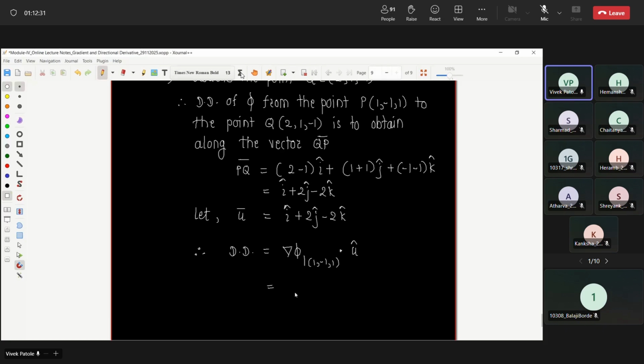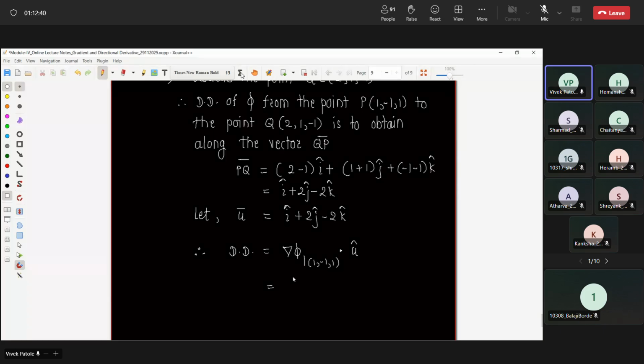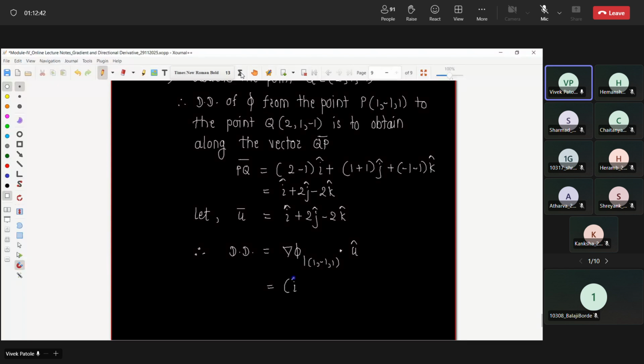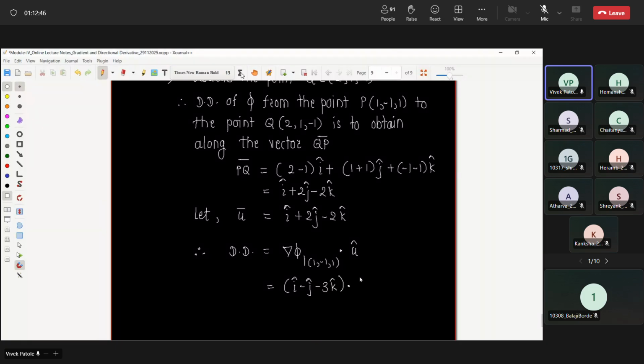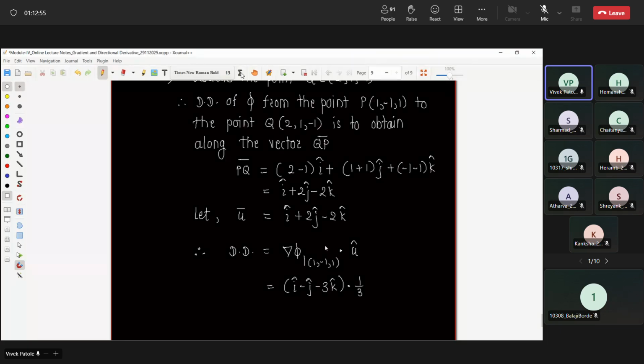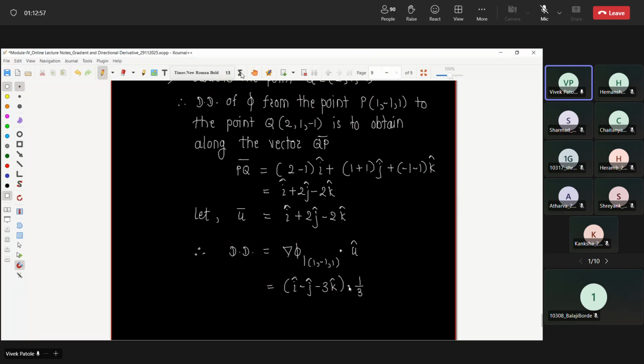Okay, what is the value? So here, first of all, we have to replace the del phi first. It is i cap minus j cap minus 3k cap dot with 1 by 3, because again we are having the numbers 1 square plus 2 square plus minus 2 square. So it will be root 9, which is 3 again.